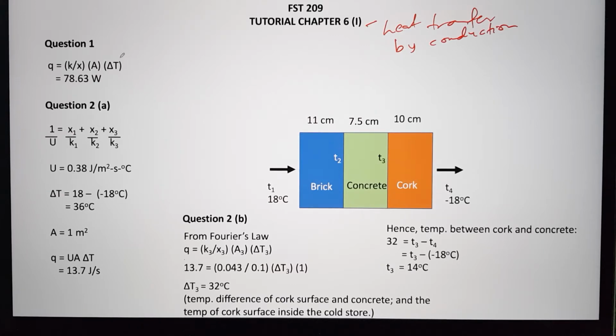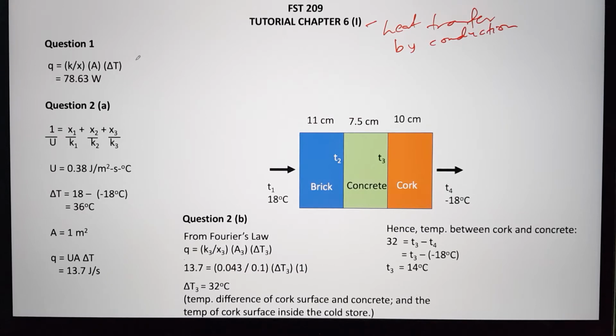Okay, so please take a look at your question. For tutorial 6 number 1, question number 1: a cork slab which has 24.6 millimeter thickness has one face at 322 Kelvin and the other face at 281.7 Kelvin.